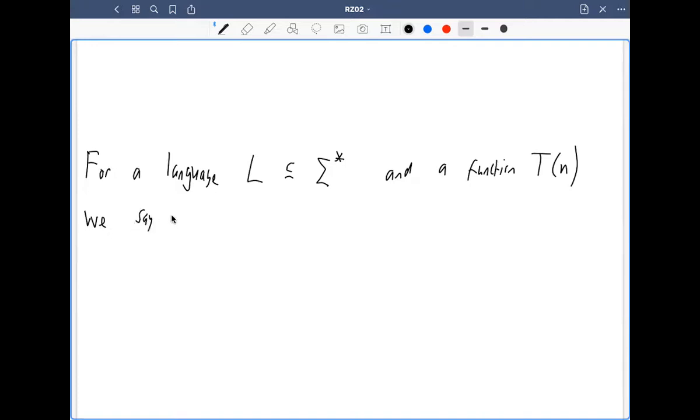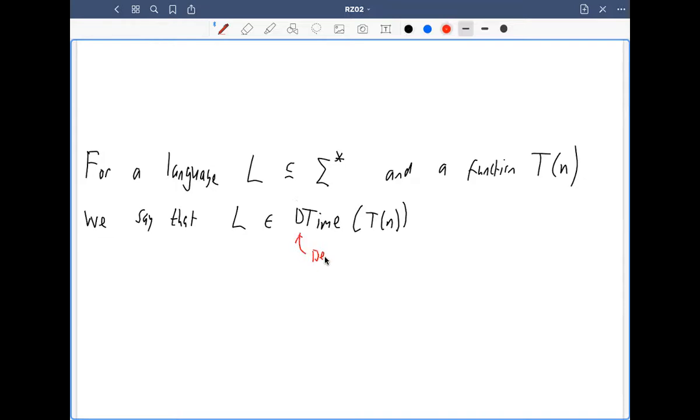We say that L belongs to the class of problems with time complexity t of n. People sometimes say time, and sometimes, to be precise, DTIME, where D means deterministic.